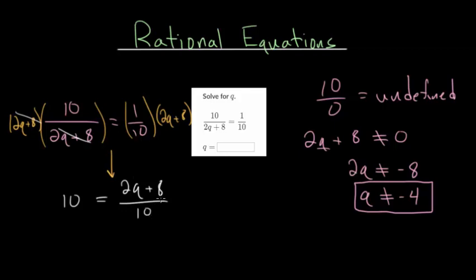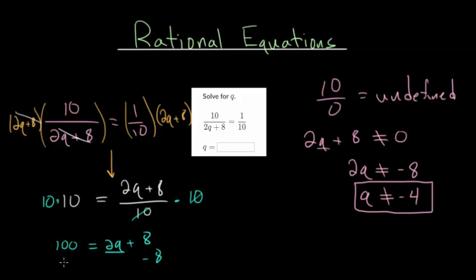Now, like I mentioned, we also want to get rid of this fraction, just because fractions make things a little bit difficult. So let's get rid of it and make our equation a little bit easier. So if we multiply each side by 10, these will cancel out here. We get 100 is 2q plus 8. And then now we just need to solve a linear equation.